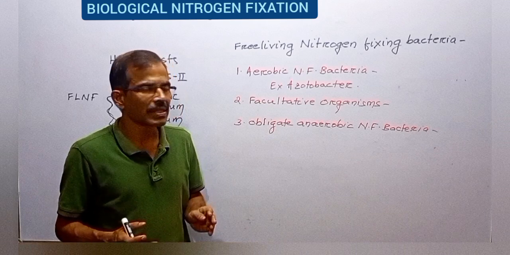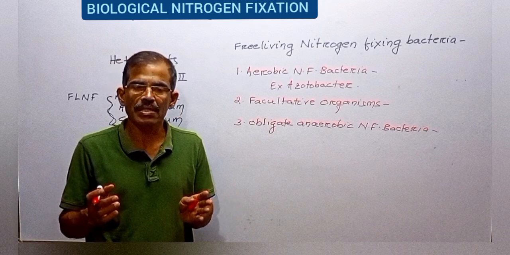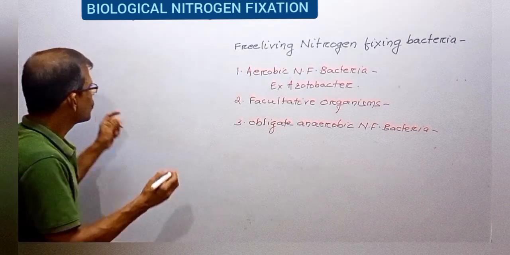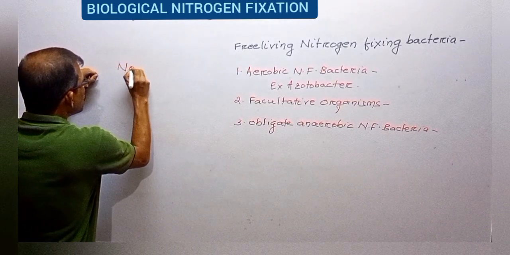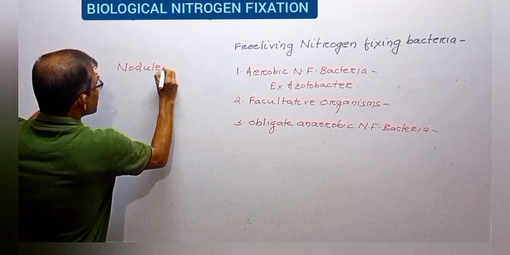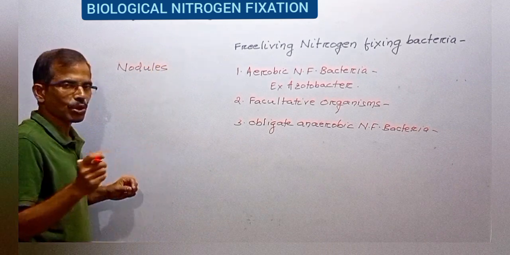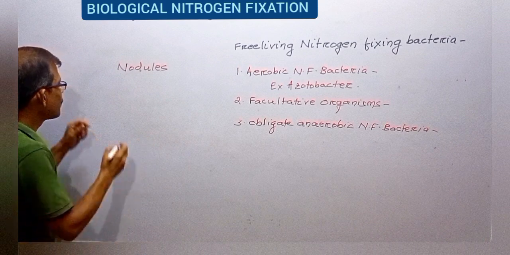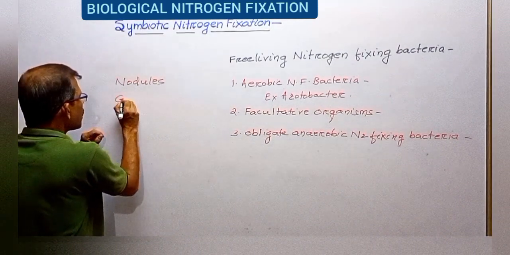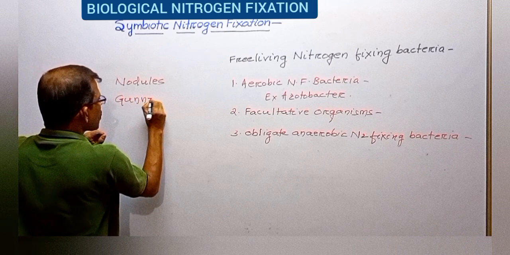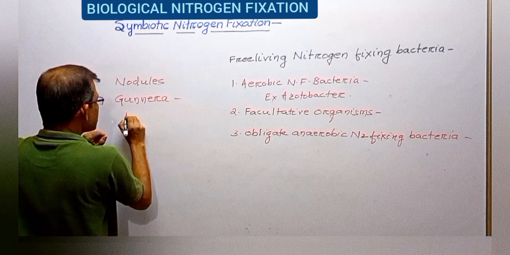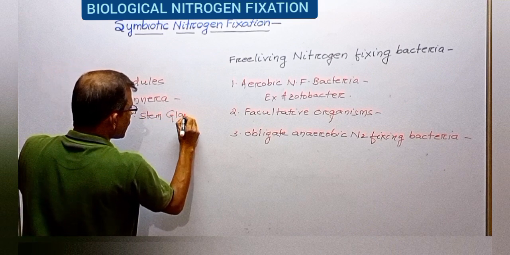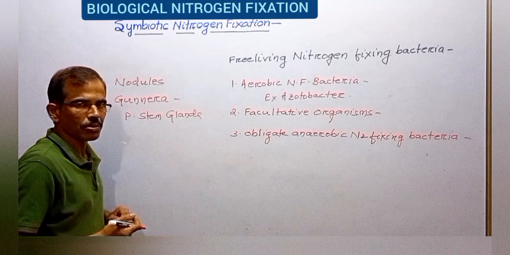Symbiotic nitrogen fixation occurs within specialized structures. Some symbiotic nitrogen-fixing bacteria dwell within nodules, which are specialized structures that develop on roots of plants when infected by nitrogen-fixing bacteria. In Gunnera, nitrogen fixation occurs within pre-existing stem glands, which develop independently of the symbionts.